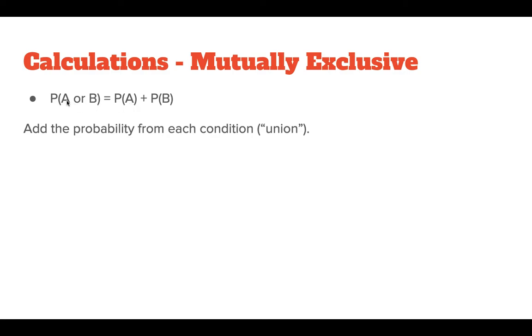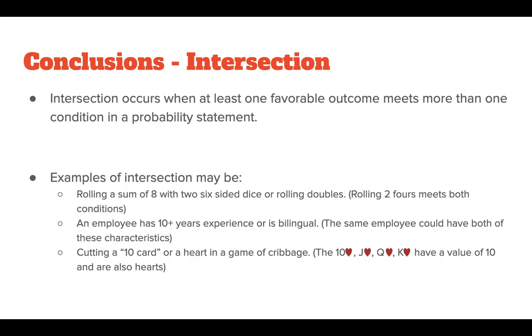The probability of A or B is the probability of A plus the probability of B. And we call that a union because we're just combining those two values together. If I were looking at an intersection, then one of my outcomes meets more than one condition at the same time. So an example of that would be rolling a sum of 8 with 2 6-sided dice or rolling doubles.